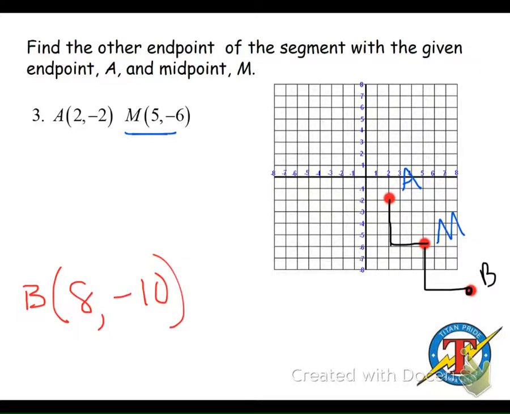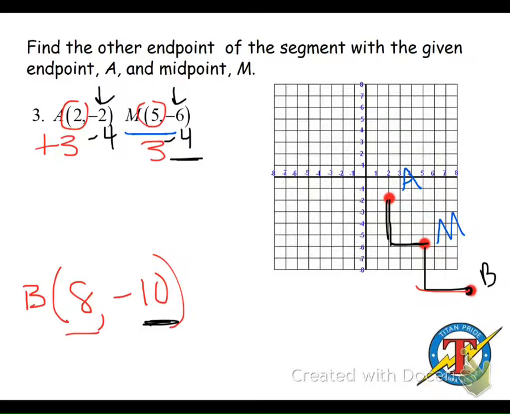Well, when we went down 4 and over 3, that was the same as saying, to get from -2 to -6, we went down 4. So then we go down 4 again, and that gave me that -10, the y coordinate. When I went over 3, that's because on the x's from 2 to 5, that's right 3. So we added 3. So we add 3 again, and 5 plus 3 is 8.